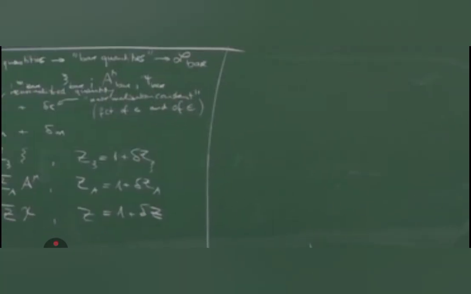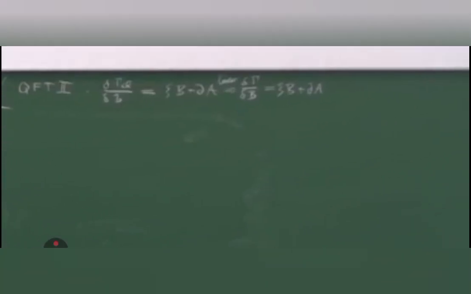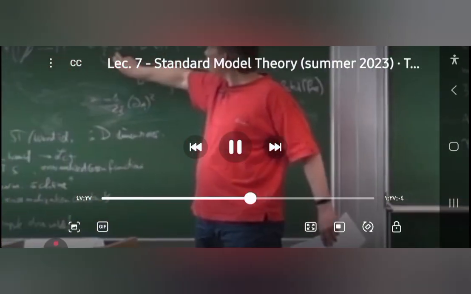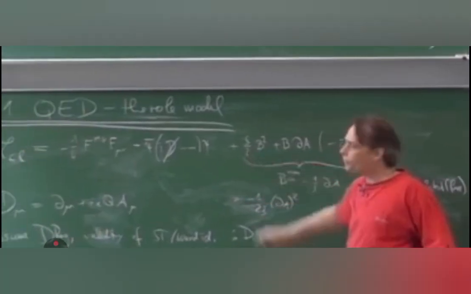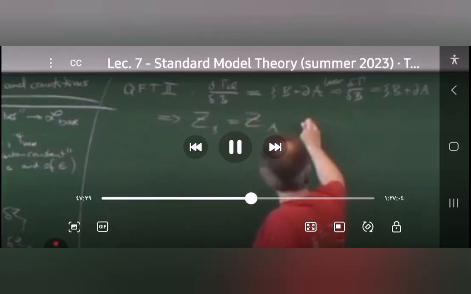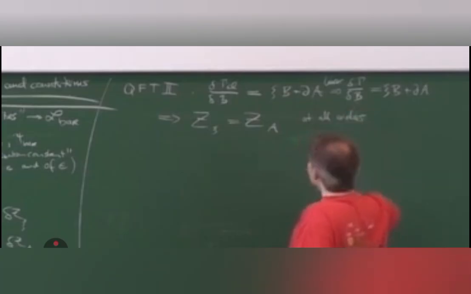They do not get quantum corrections, and for this reason we know that B must have the opposite renormalization as A mu, and psi must have the opposite renormalization as B square, and therefore we know in the end that the renormalization of psi, Z psi, must be the same as ZA at all orders. So we have already one simplification.